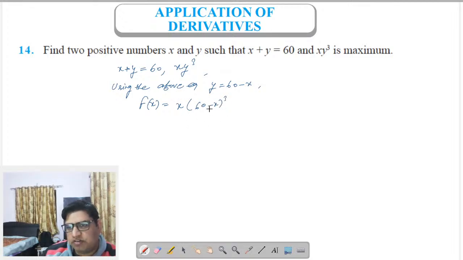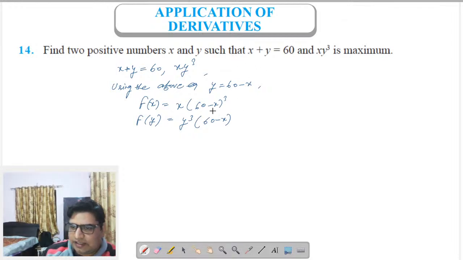Okay, so this is how it will be, or simply we can write f(y), and then f(y) will be y cube (60 minus y). Either way we can solve it. Okay, and we have to find out the value of x and y in this case.